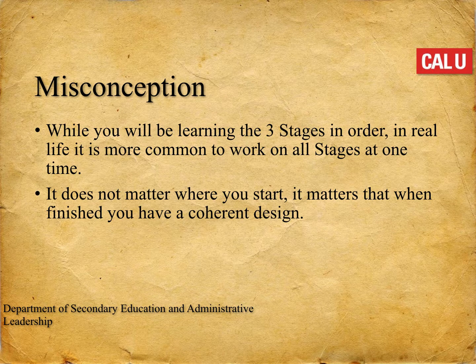In terms of misconceptions, there are a few, and most notably, a lot of folks think that you need to do all three stages in order. Start with 1, then go to 2, go to 3. You don't have to do that. You can switch it up, and maybe you do start with the assessment piece. So I know that I'm going to get my students to write a slave narrative.